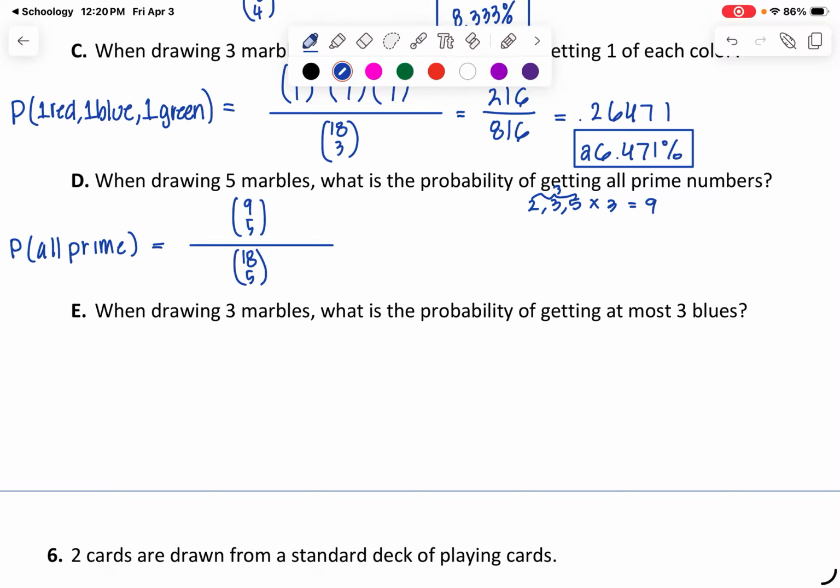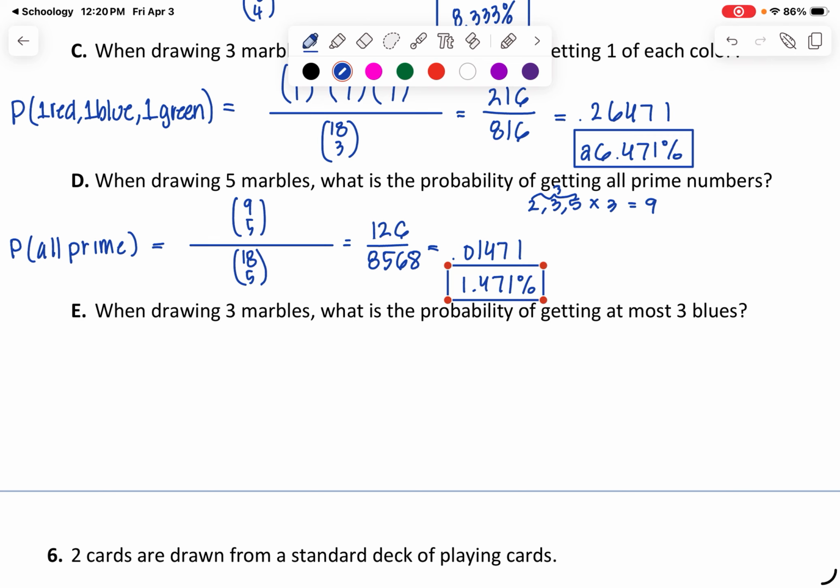So 9 choose 5 is 126 over 18 choose 5 is 8568. Divide those, I get 0.01471, which is 1.471%.